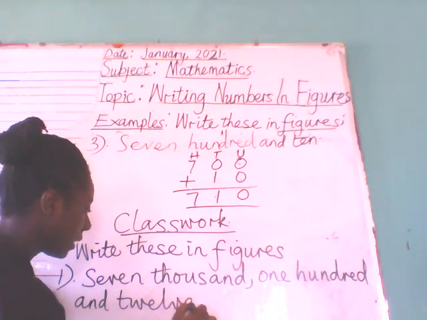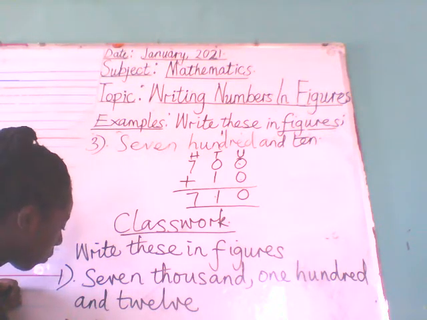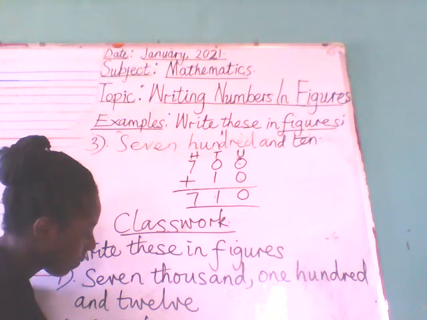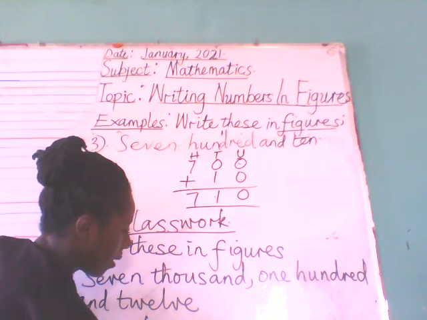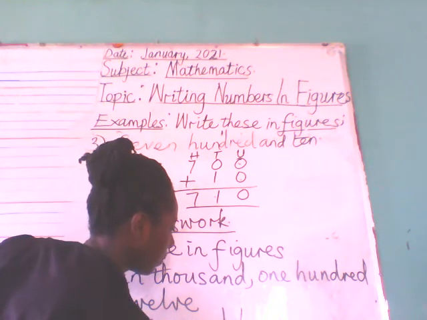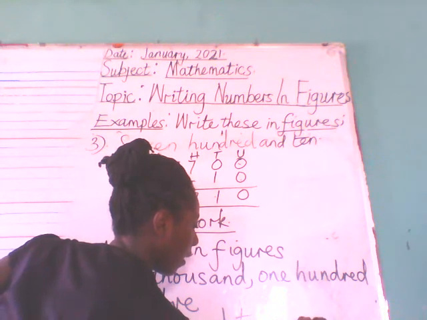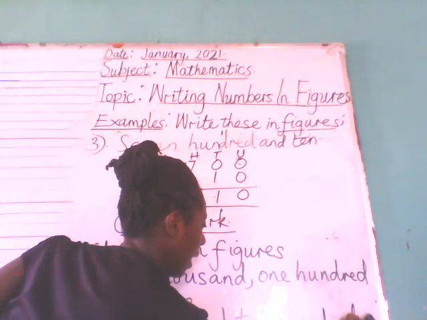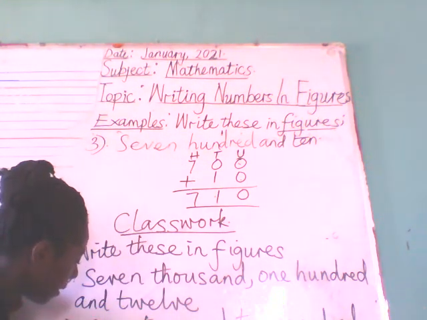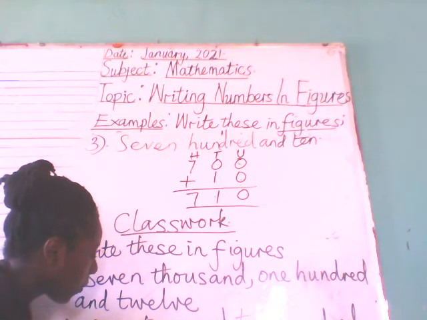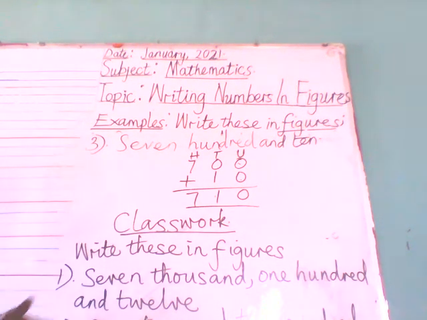Number 2 says you should write 1,200 and 11.